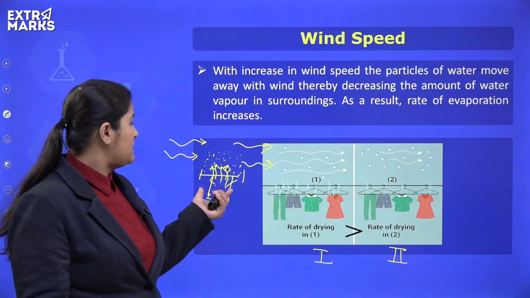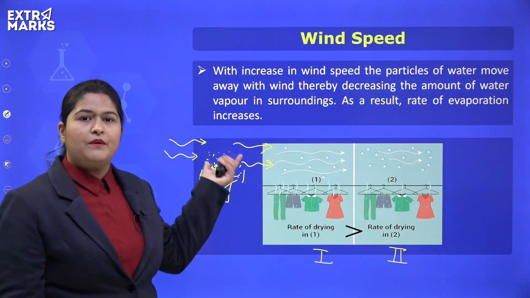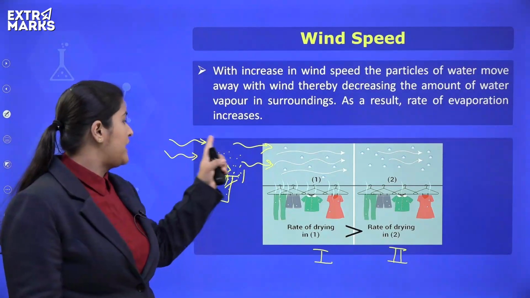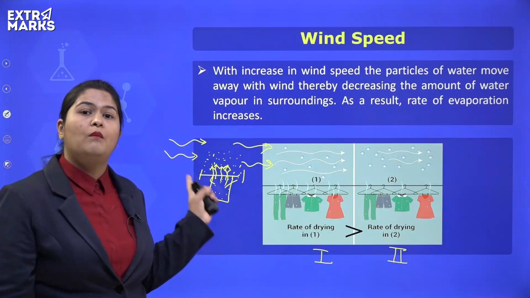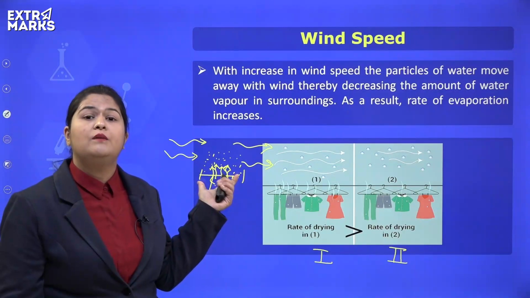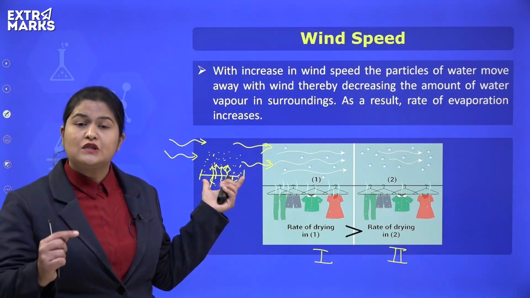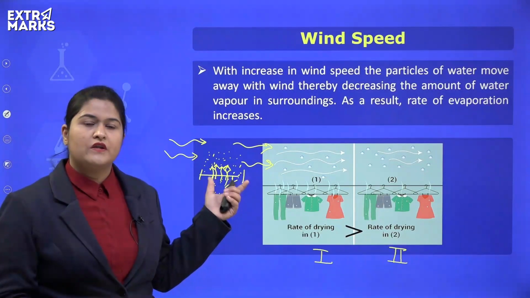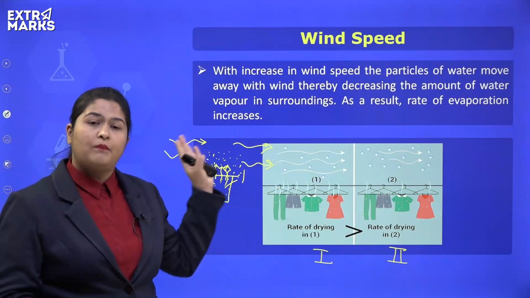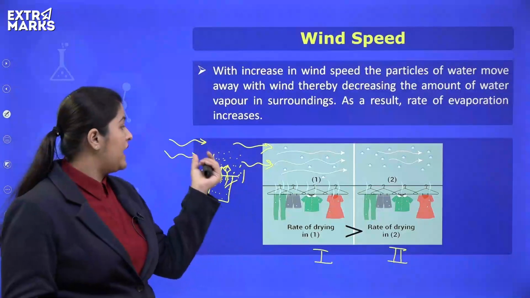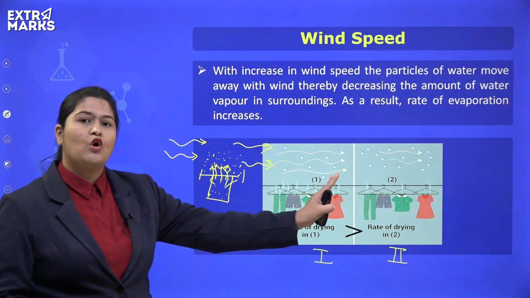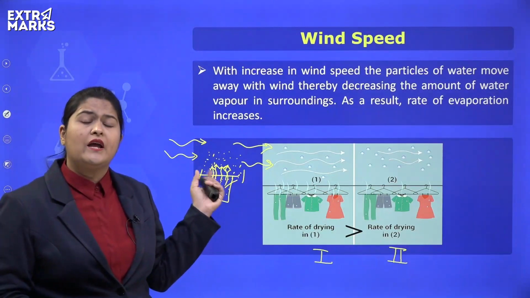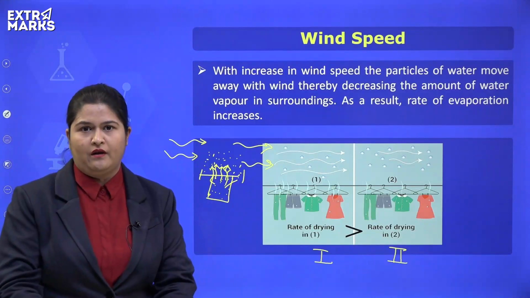Isn't it? Because of continuous evaporation taking place from this cloth, the water vapors get accumulated. That means the overall amount of water vapor in the surrounding air keeps on increasing, which results in slowing of the further evaporation of water from the cloth surface. So if wind passes from here at a high speed, it takes away the water vapors along with it, and the surrounding air, or say the saturated air, is replaced with unsaturated air.